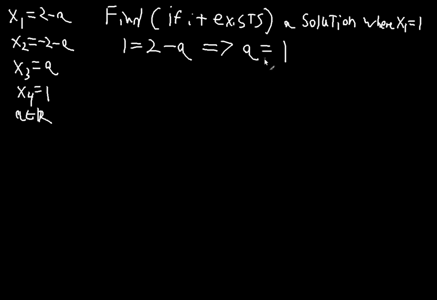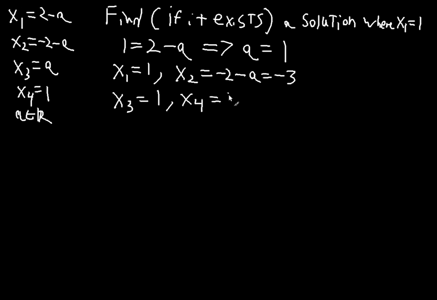Once we have a equaling 1, we get the solution x1 equals 1, then x2 has to equal -2 minus a, which equals -3, and then x3 would have to be 1, and x4 would also have to be 1. So this is a solution where x1 is equal to 1, and it's the only one.